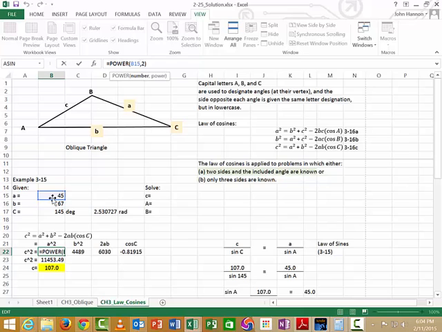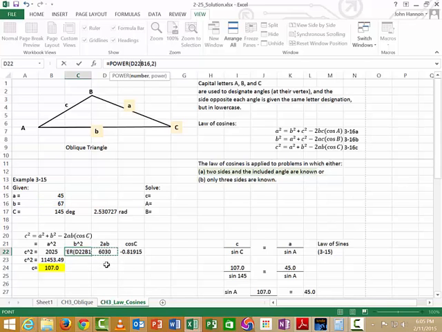I don't remember if it's feet or meters. It's always good to put your units of measure next to the numbers, because sometimes those cancel out just like the numbers, and it's important to keep it straight. I squared A and I squared B also with the power formula. So 67 squared and 45 squared.